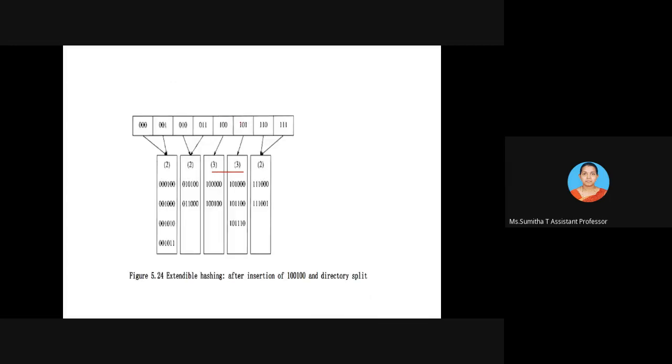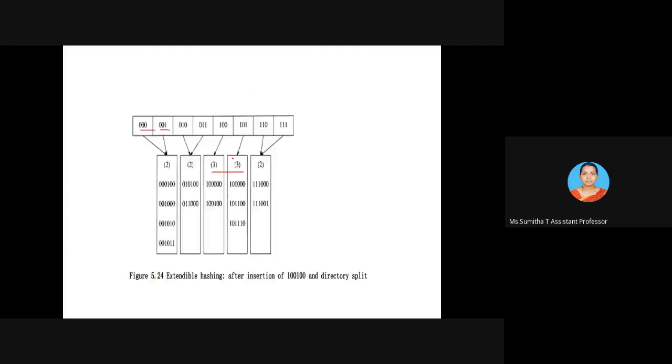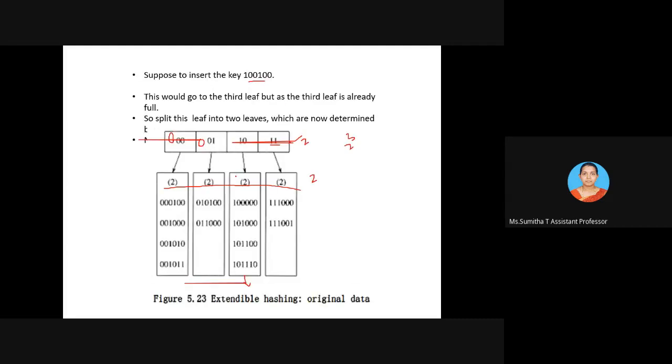This way, I can add another integer, and based on this I can insert. So here we are just dividing the particular third leaf into 2 and increasing the directory. How can we increase? We just add a bit, making it 3. We have just 2 bits, right?